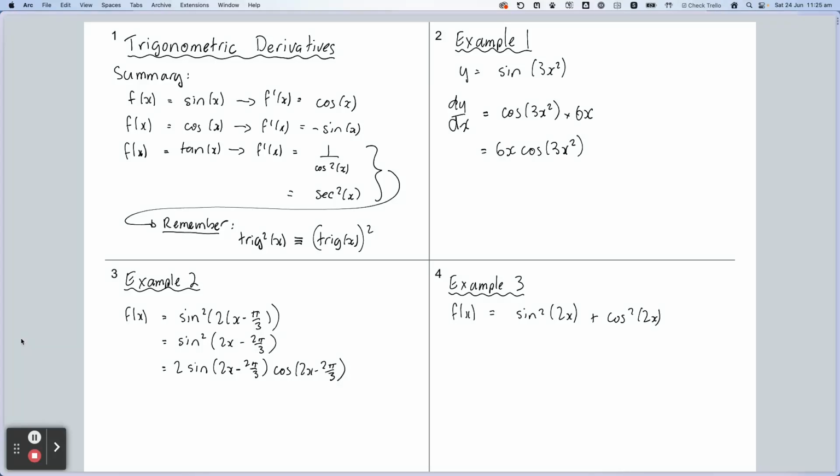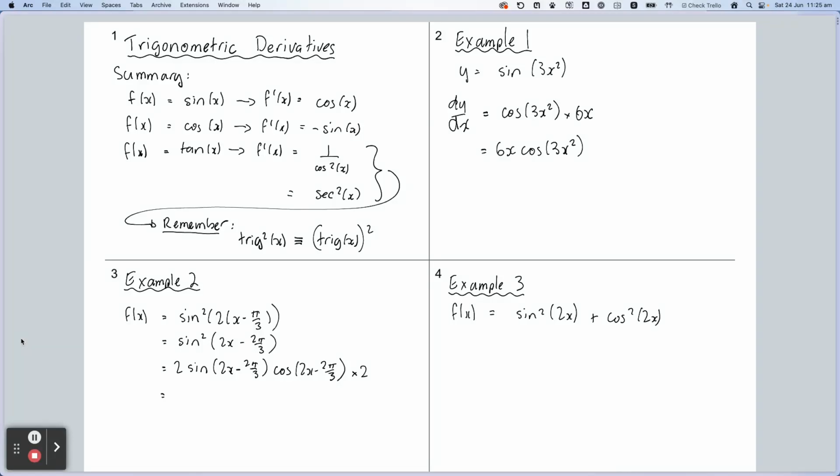And then the next layer down is 2x minus 2 pi on 3, and that is just 2, because 2 pi on 3, even though there's a pi in it, is just a number. So 2 pi on 3 is a constant, so the constant disappears, and the derivative of 2x is just 2. So that becomes multiplied by 2.